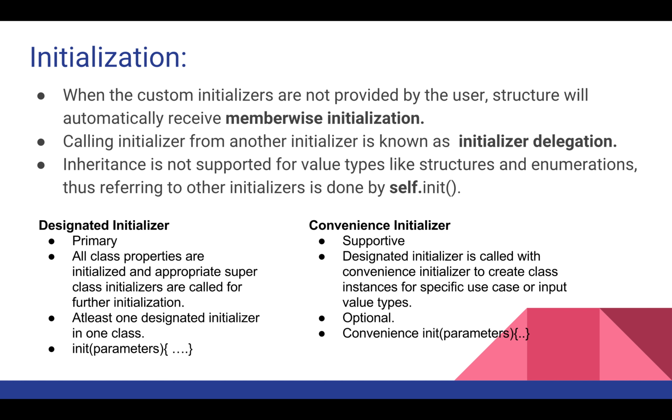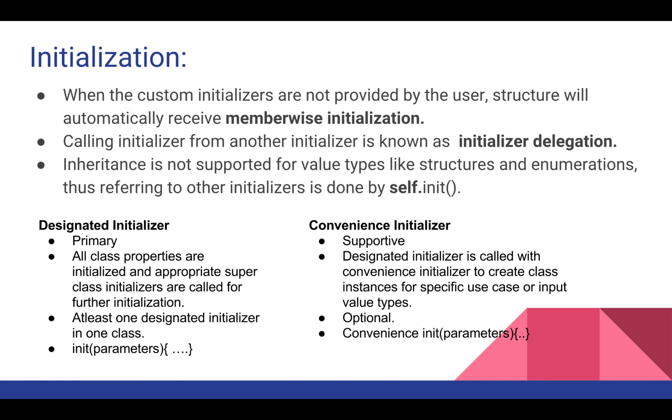A designated initializer fully initializes all properties introduced by the class and calls an appropriate superclass initializer to continue the initialization process up the superclass chain. Every class must have at least one designated initializer. In some cases, this requirement is satisfied by inheriting one or more designated initializers from a superclass.